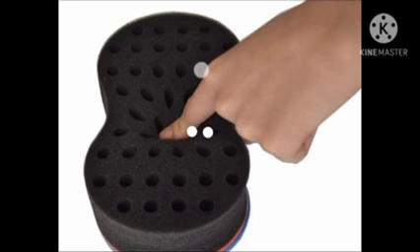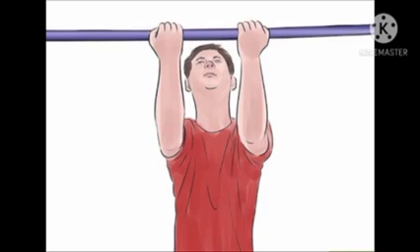Moving to the third picture, we have here a boy who is doing pull-ups, who is putting some force and pulling his body on the rod. He is pulling himself upwards. In this picture also students, we can see that this particular boy needs to apply certain kind of force.